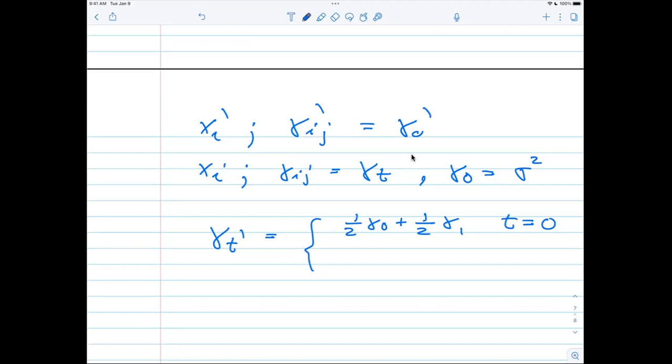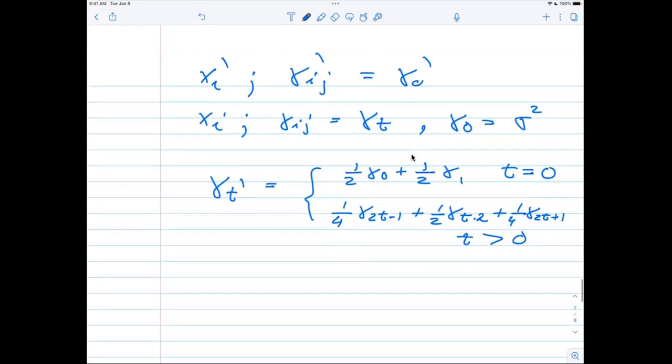So gamma 1 means that we have split the data set in a half. Then you get a recursive relation, and I'm not going to derive that one, but this is the one which they put up in the paper: plus 1/2 of gamma of t times 2, plus 1 divided by 4 of gamma of 2t plus 1, when this variable t is larger than 0.